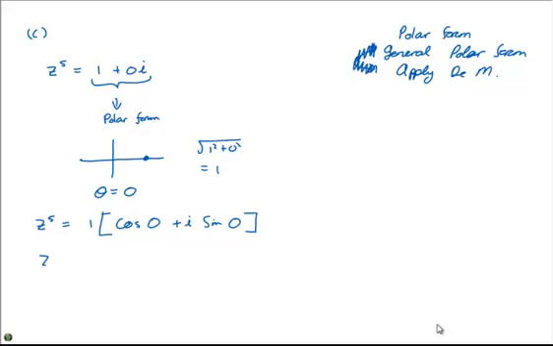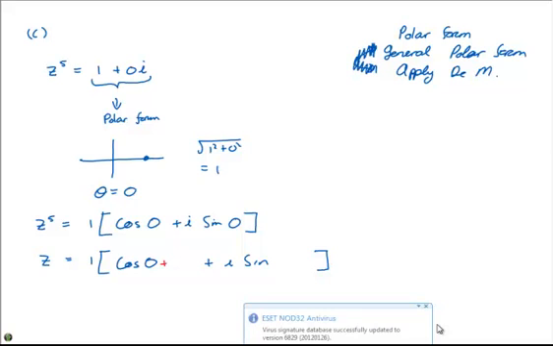So Z to the 5, and I'll just stick this in red so you can see. There's different ways of doing it. I'm going to say 2 pi n. Just a little thing there, sorry, that should be 0 plus.